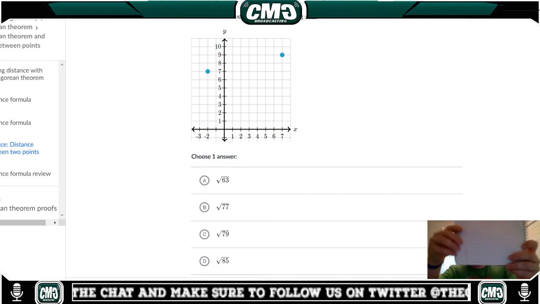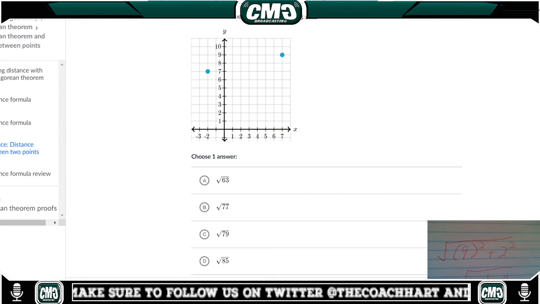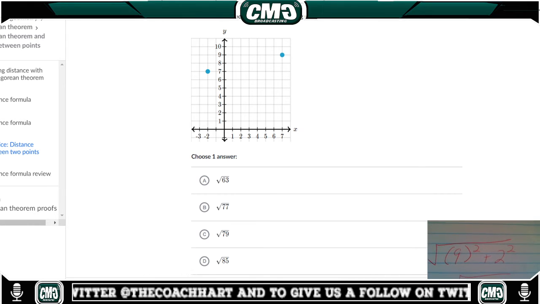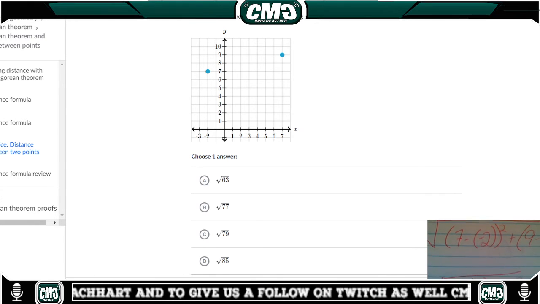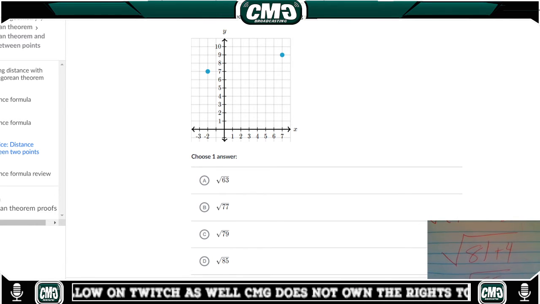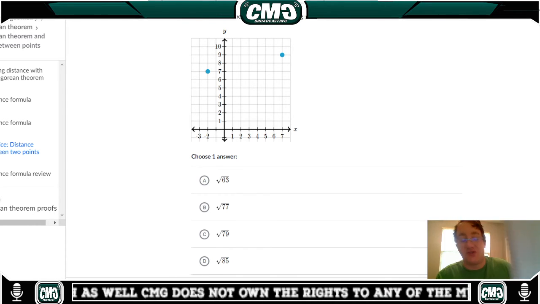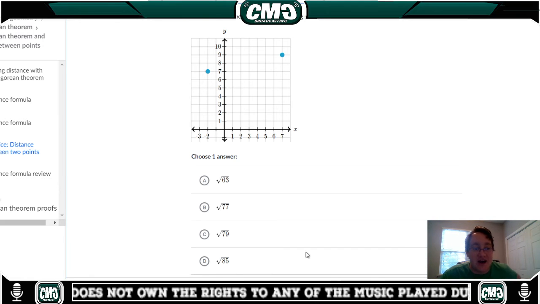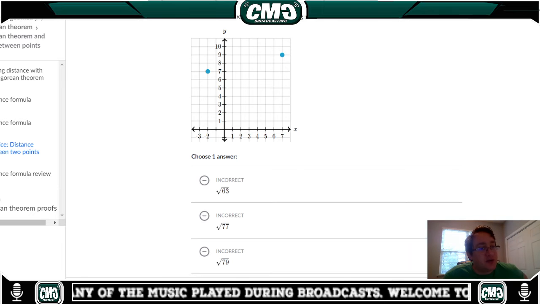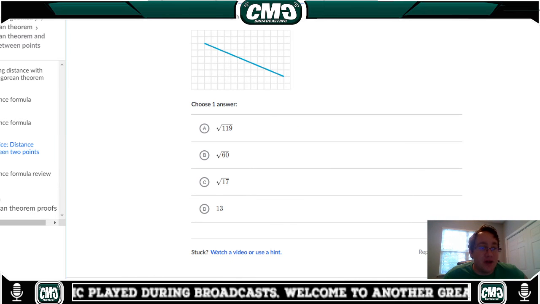And I'll try to go a little quicker for some of you in case you are getting this, but we get the 9 plus 2 squared when we get our subtractions here. We get 81 plus 4, or the square root of 85. And when we do that, we see we have square root of 85 there. We check it, and we keep going.